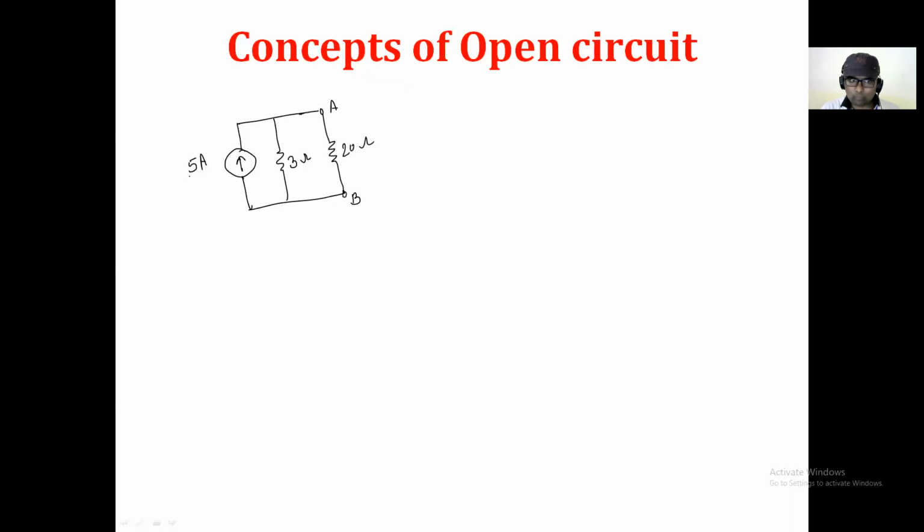Let's try to do the analysis of this. Suppose I consider that this is I1 and this one is I2. Is it right? So how to calculate I2 here? I2 is equal to total current into opposite resistor divided by the sum of the two resistances. Now the total current is 5 multiplied by 3 divided by 23.